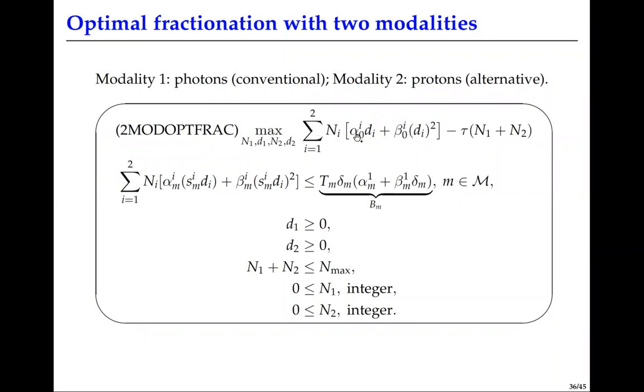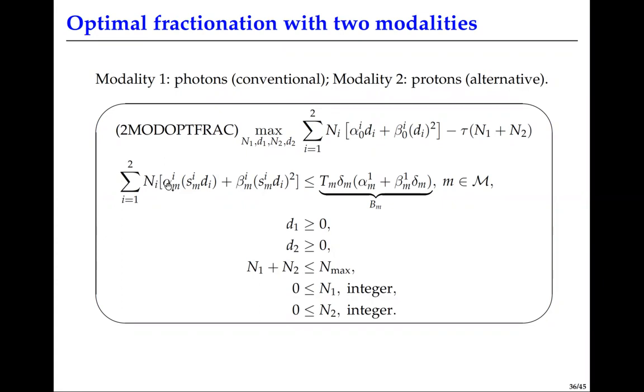This objective is basically the same as before. It just adds the effect of two modalities together. And because the total number of sessions is now N1 plus N2, it uses the proliferation parameter for that. Okay. On the left-hand side here, again, it's the biological effect of the two modalities combined.